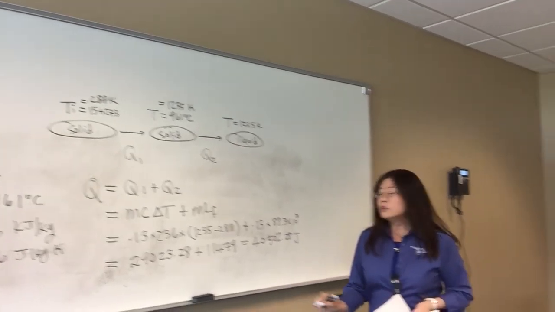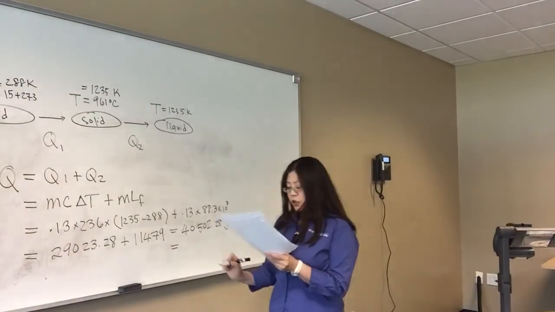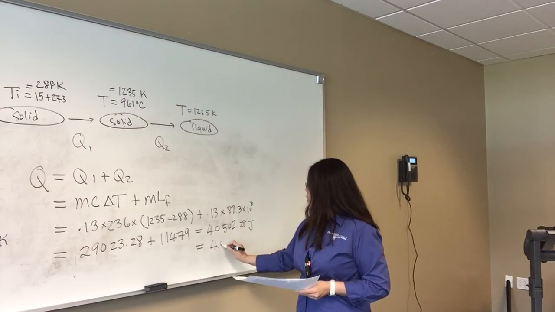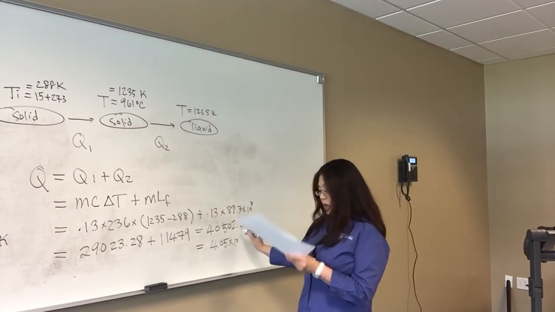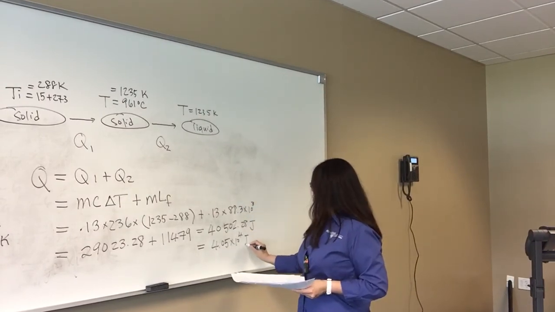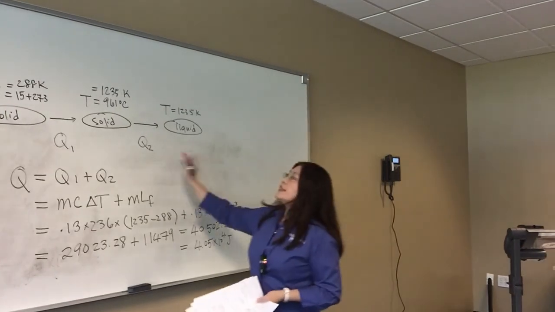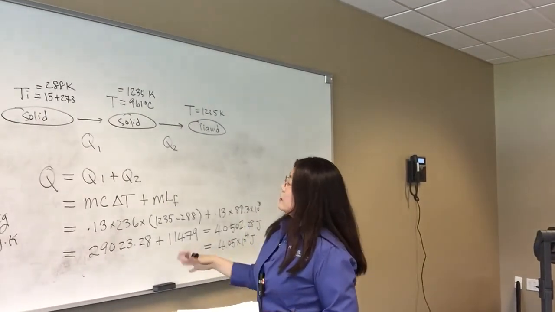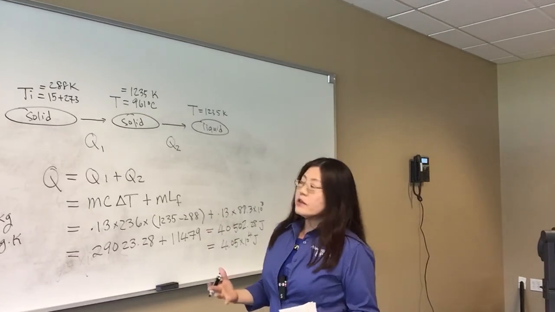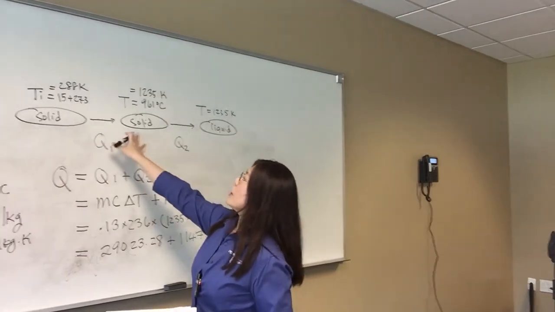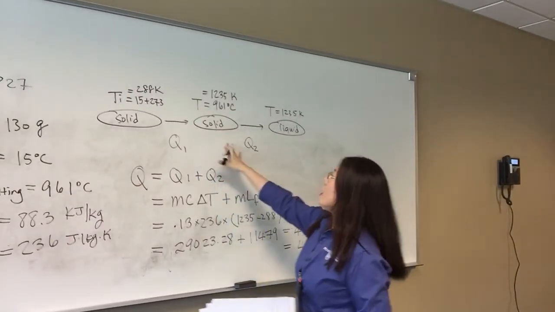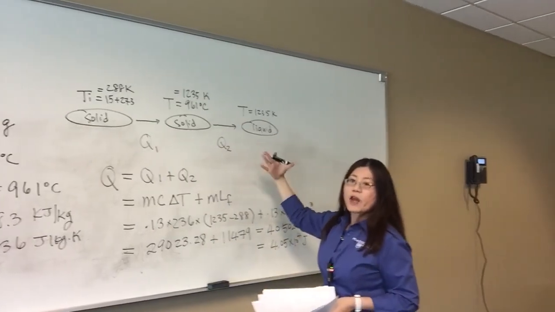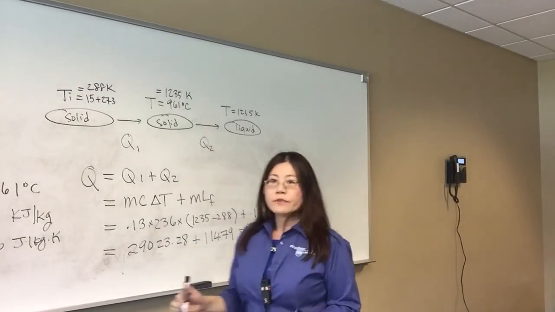Now, if you want to change it to scientific notation, you get 4.05 times 10 to the fourth joules. Okay. So this is the problem that tells you, when you have energy that goes not just to change the temperature, but also to change the phase, if there's enough energy to do so. Okay. Alrighty.